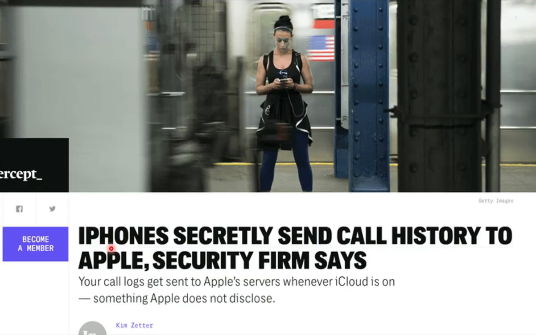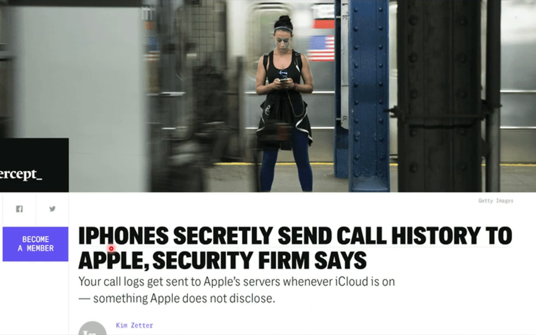Let's see an example here. This is an article written by Kim Zetter: iPhone secretly sends call history to Apple, security firm says. If I am an iPhone user, I will be attracted by this article. Why? Because this article doesn't just say that it secretly sent call history to Apple.